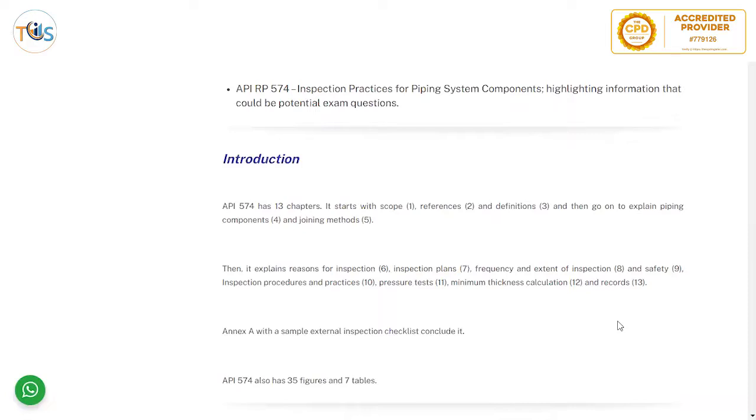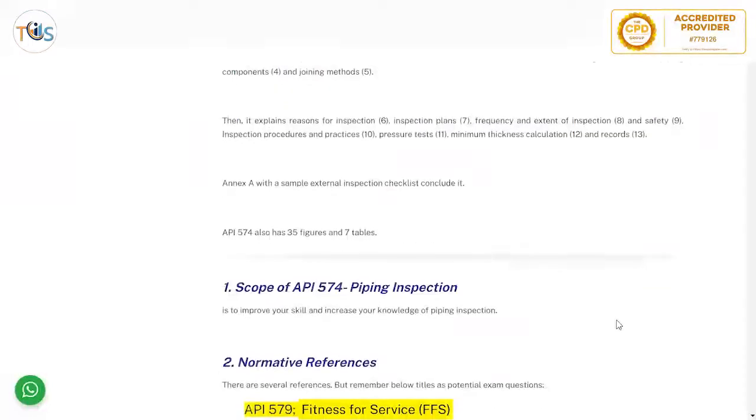Then it explains reasons for inspection, chapter 6, inspection plans, chapter 7, frequency and extent of inspection, chapter 8, and safety, chapter 9. Inspection procedure and practices are in chapter 10, pressure test in chapter 11, minimum thickness calculations in chapter 12, and finally records in chapter 13.